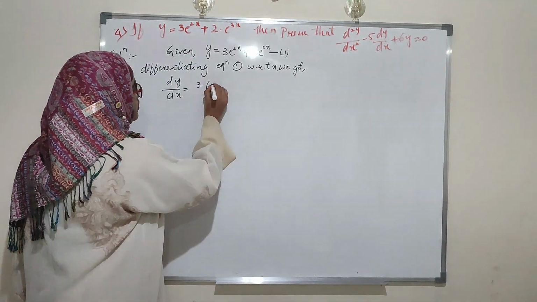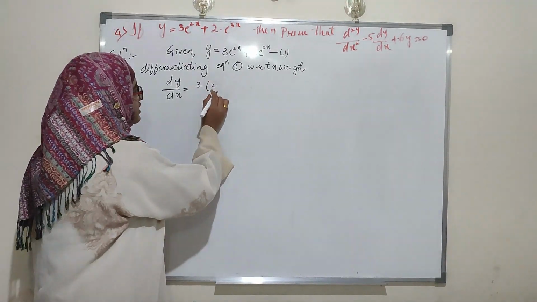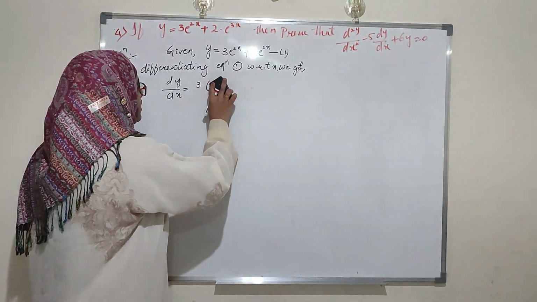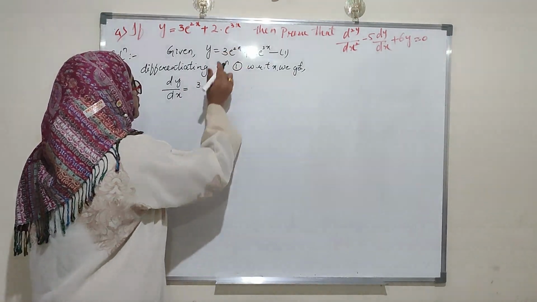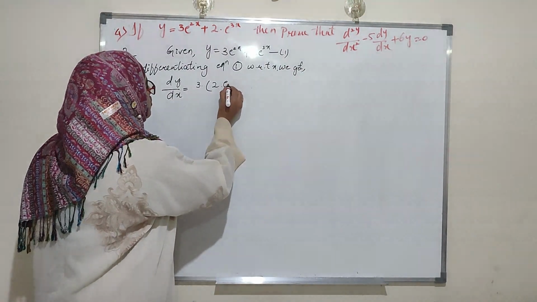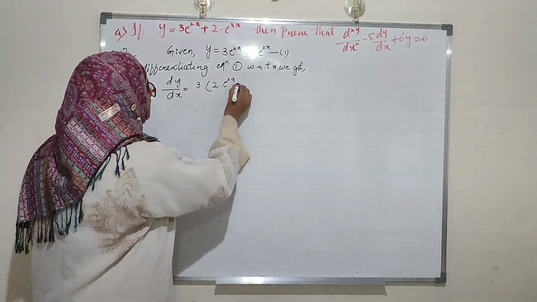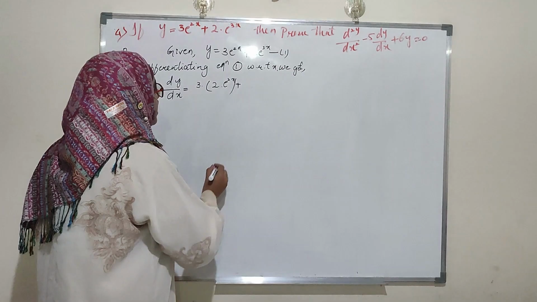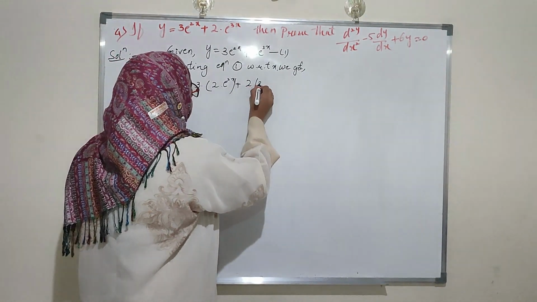Write the 2 as it is, meaning we have to multiply by the prefix of x, which is 2, e raised to 2x, plus 2 into the differentiation of e raised to 3x.